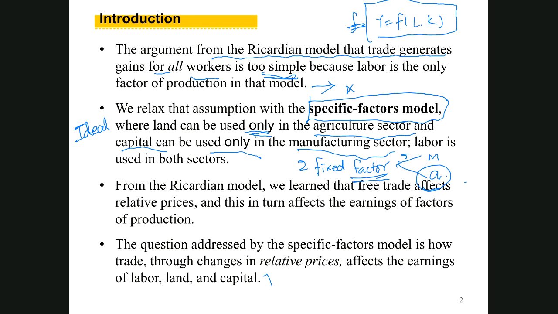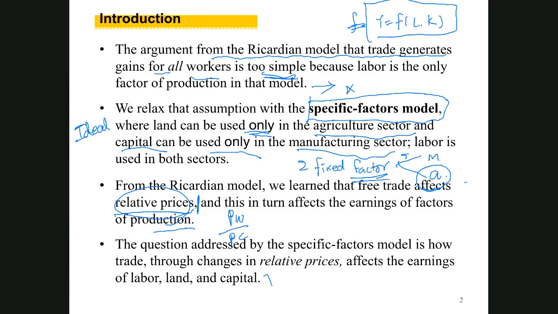Third point, from the Ricardian model, we learned that free trade affects relative price, and this in turn affects the earnings of the factors of production. So what do we have? In the Ricardian model, we know free trade will change the relative price.